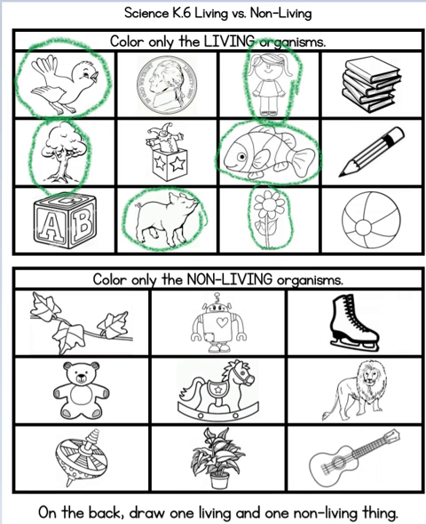Now at the bottom, it says to color only the non-living organisms or things. So we are not going to circle or color the things that are living. We're only going to circle the things that are non-living. So the first picture that we see is a picture of a vine, which is a kind of plant.